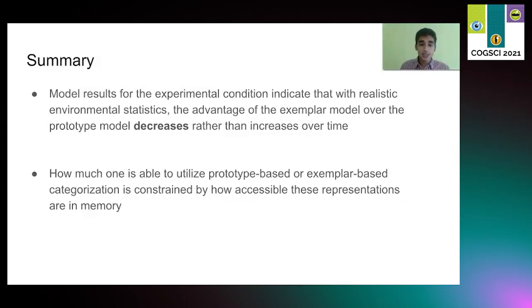Indeed, unlike traditional experimental scenarios involving constant environmental recency functions, such as Smith and Minda's, memory constraints encountered in realistic environments actually reduce the advantage of the exemplar model over the prototype model over time. So the faster decay of individual exemplars in memory relative to the decay of the prototype, as shown in the findings from memory experiments, more strongly inhibits the performance of the exemplar model over the prototype model later in learning.